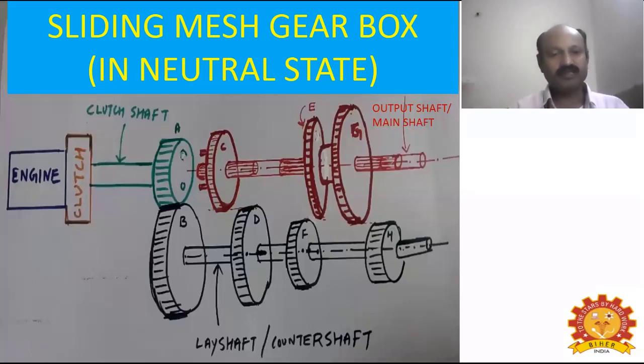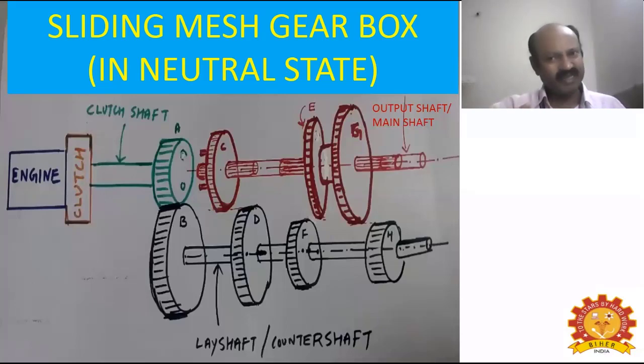That is why in first gear, the engine speed is high but the gearbox output shaft speed is reduced four times, which means torque is multiplied four times.